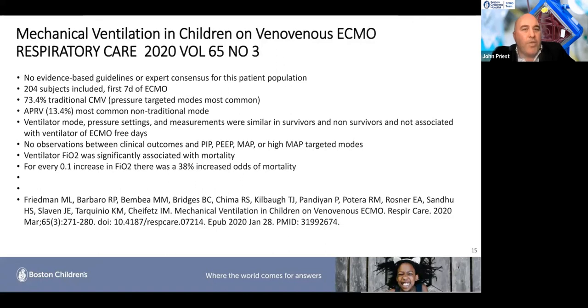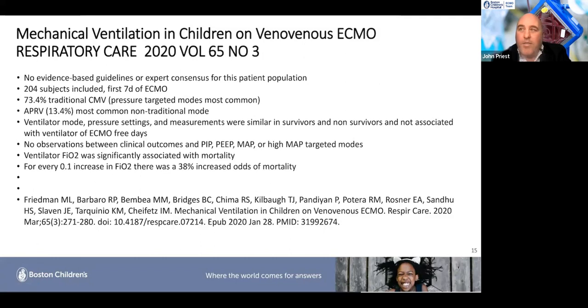The most common non-traditional mode was APRV, coming in a little over 13%. No observations between clinical outcomes of peak inspiratory pressure, peak mean airway pressure, or high mean airway pressure targeted modes. But what's interesting here is ventilator FiO2 was significantly associated with mortality. For every 0.1 increase in FiO2, there was a 38% increase in odds of mortality.